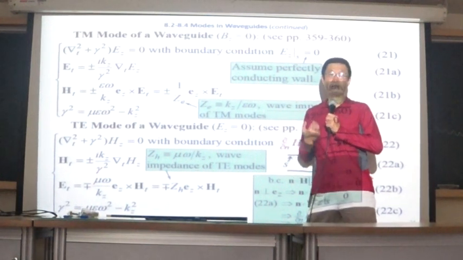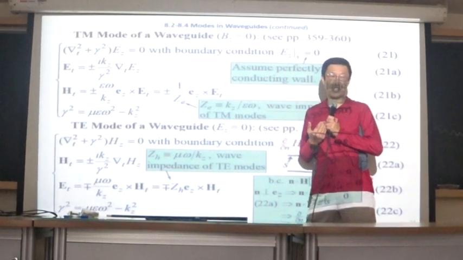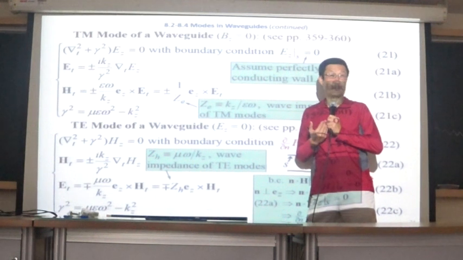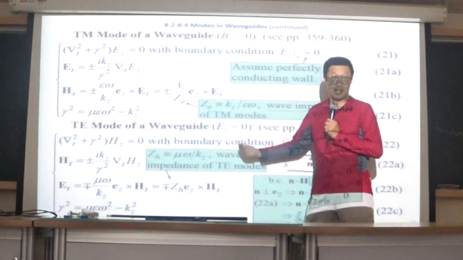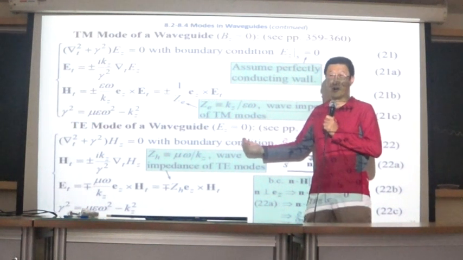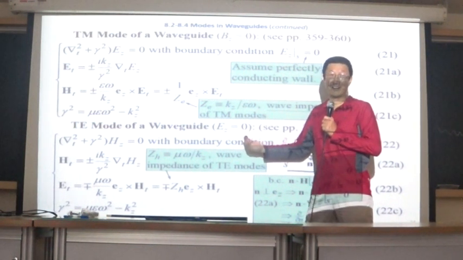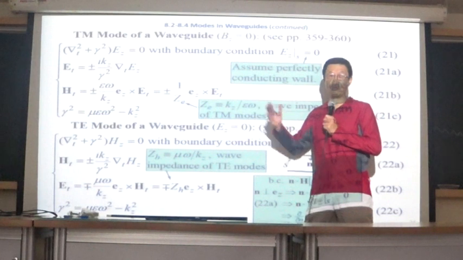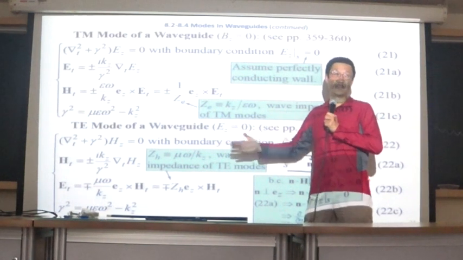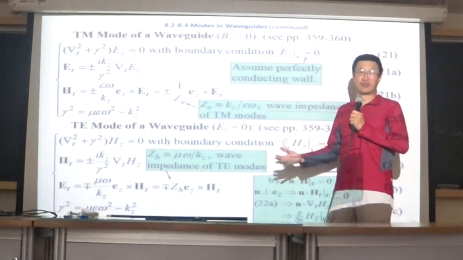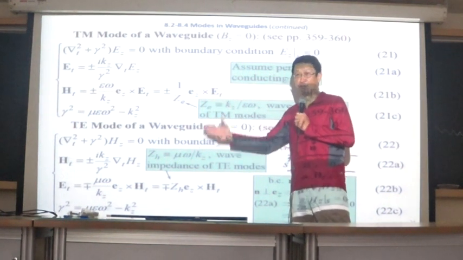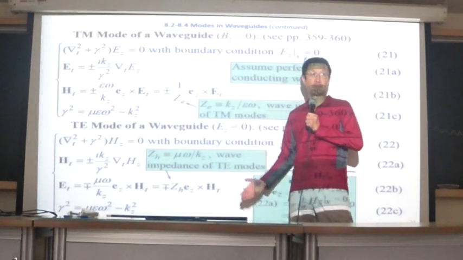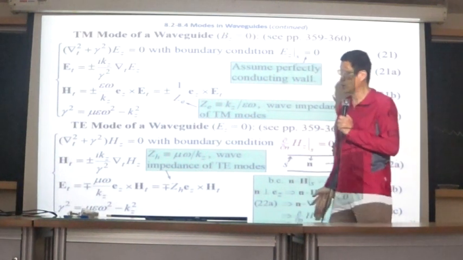Actually, I personally get confused all the time, so I will check my lecture notes or check Jackson almost all the time. So I do not expect you to remember everything. That's impossible, right? I expect you to understand how to derive these equations.